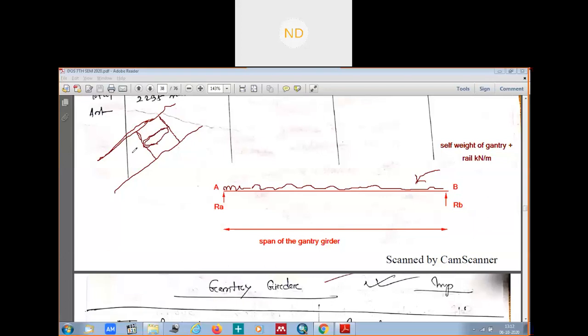So on the gantry girder we will have the self weight of the gantry girder as well as the weight of the rail section. Rail section is above the gantry girder, where this crane system is moving from here to here, from here to here.